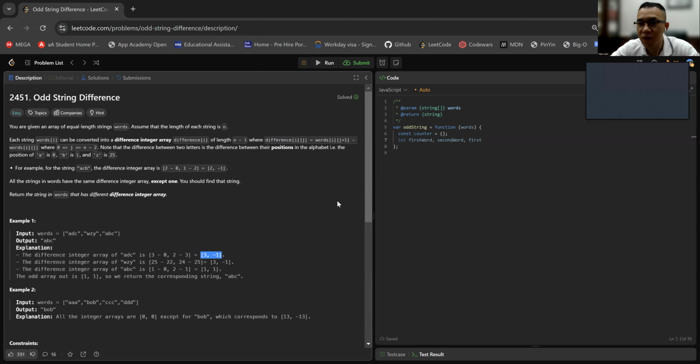In this case, it is an array of 3 and -1, but because we are using a hash map, we need to convert it into a string anyway. So I will use a string as a key here. We can call this first word key, and then second word key. And then we need to iterate over the word array.